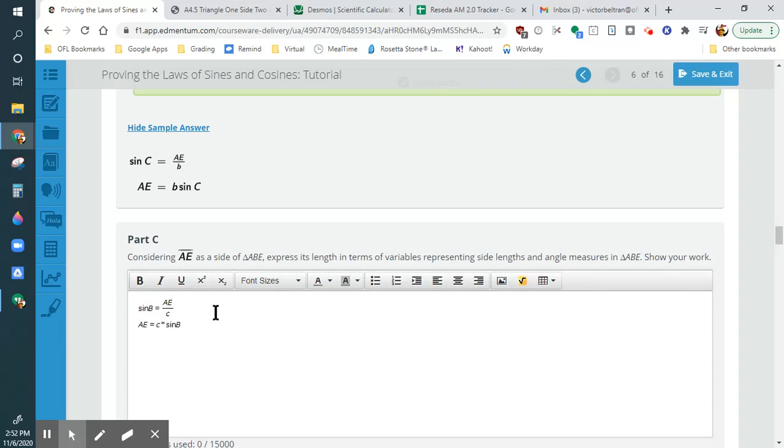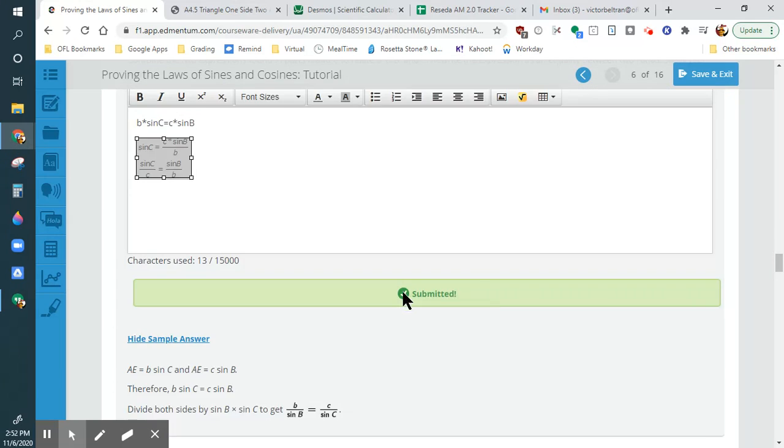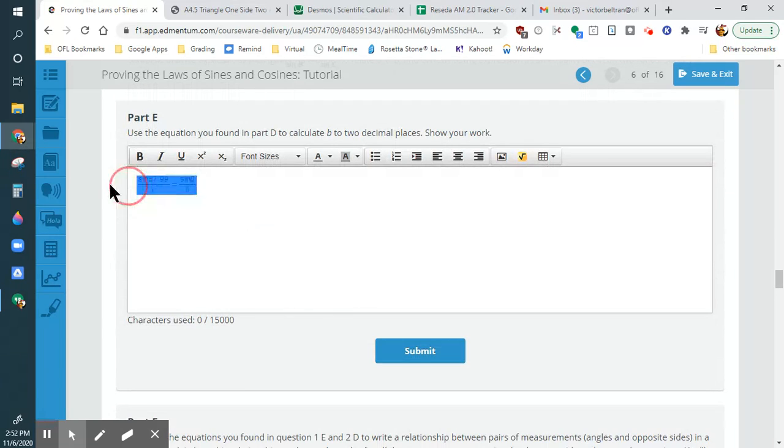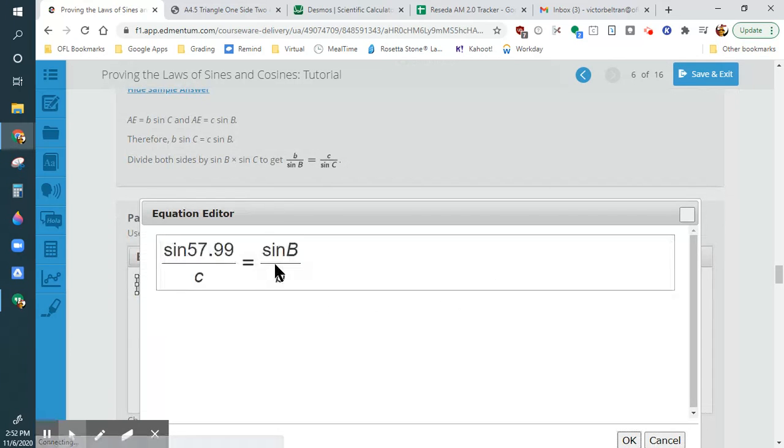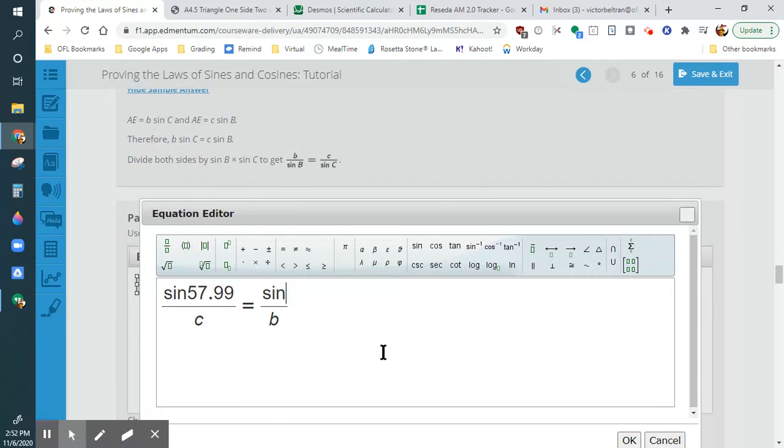I totally forgot we had solved for that using the sum of angles of a triangle. So sine of B was 68.88. We know what little c is because it's given as 10.